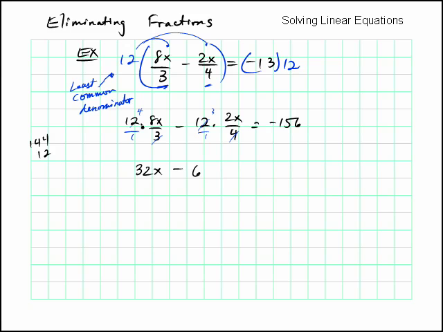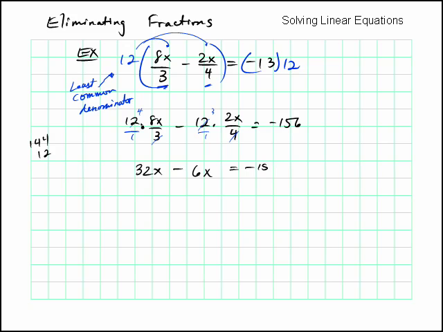So we got 32x minus 6x equals negative 56. You could use a calculator to help you multiply those 12s to those fractions if you need to. Okay, notice that by multiplying both sides by 12, it eliminates all the fractions in the equation, which makes the equation look a lot easier to solve.